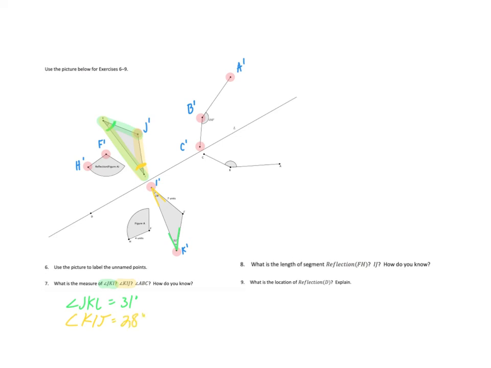And then we have one more, angle ABC. We're looking for this angle right here. If we look on our reflected side, that is 150 degrees. And how do we know this? Because reflections preserve angles.